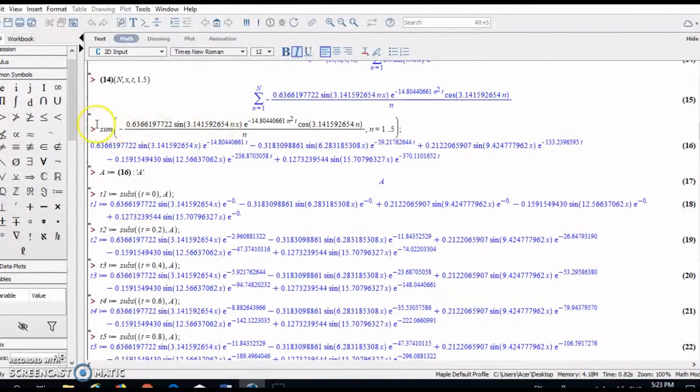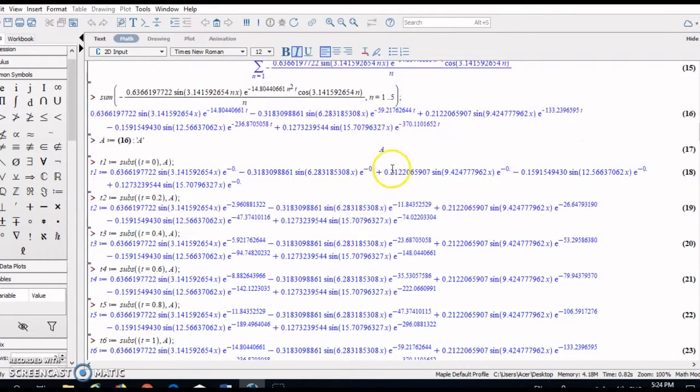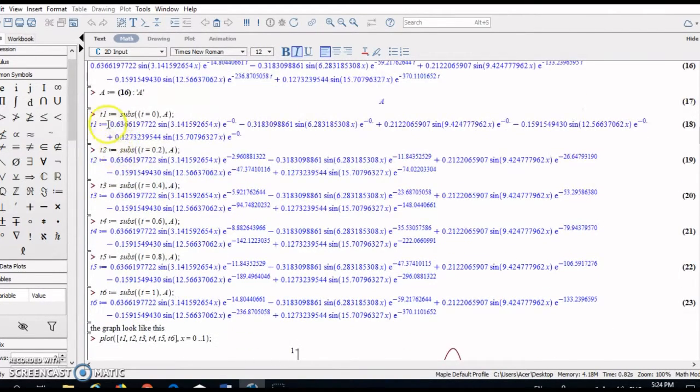So we will use sum coding to sum the first 5 terms of the series, and then this is the answer. And then we assign a name to the function, which is a. Then we put t1, t2, t3, t4, t5, t6 again.